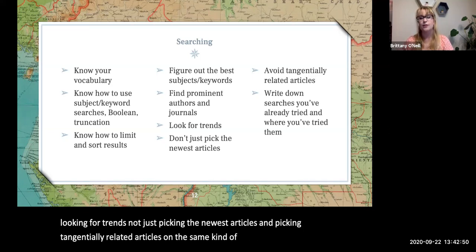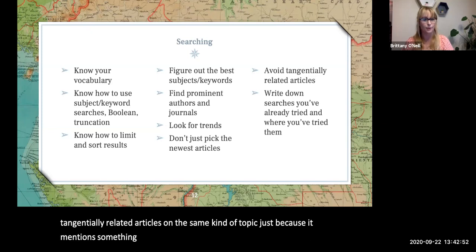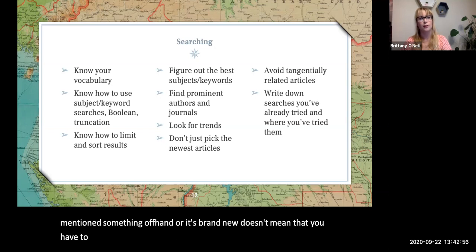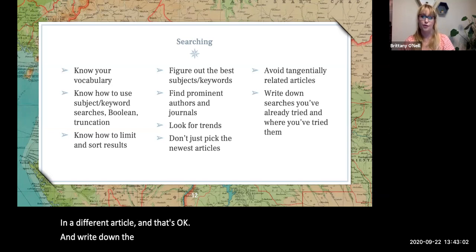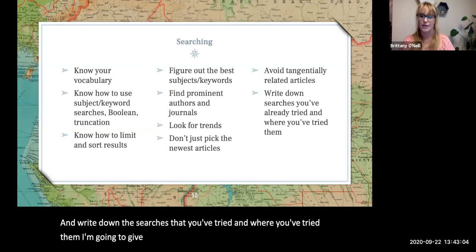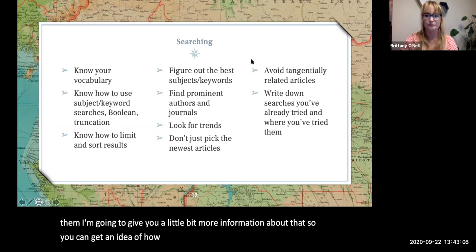Just because it mentions something offhand or it's brand new doesn't mean that you have to include it. Sometimes there's a stronger argument in a different article, and that's okay. And write down the searches that you've tried and where you've tried them. I'm going to give you a little bit more information about that so you can get an idea of how to keep track of stuff.